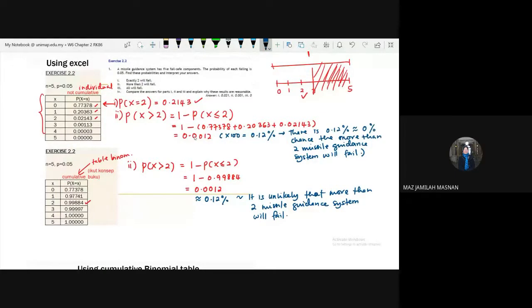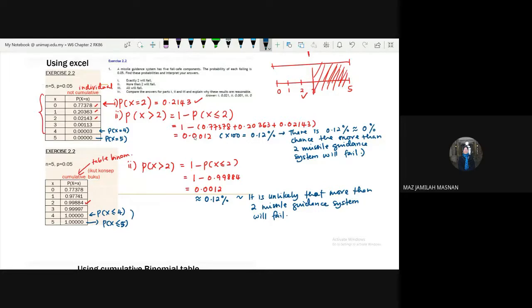Okay, if we look here, this one is P(X = 5). This one is P(X = 4). Okay, so this one is P(X ≤ 5). This one is P(X ≤ 4).